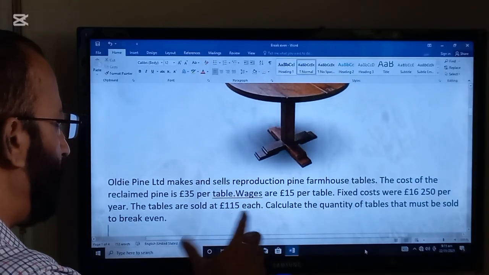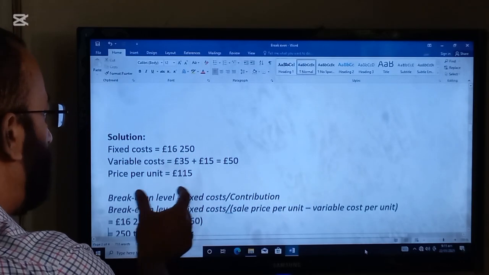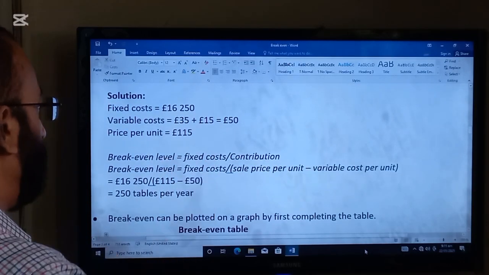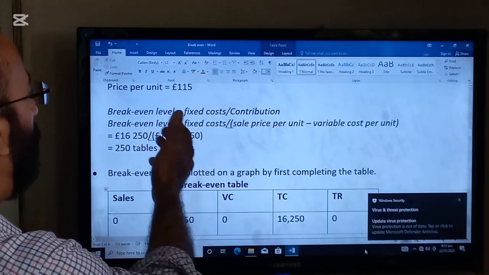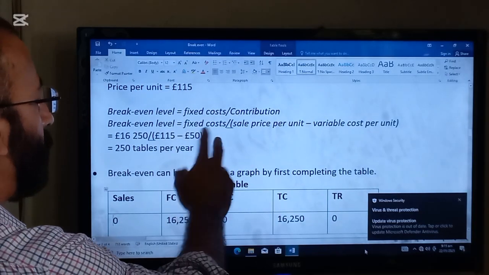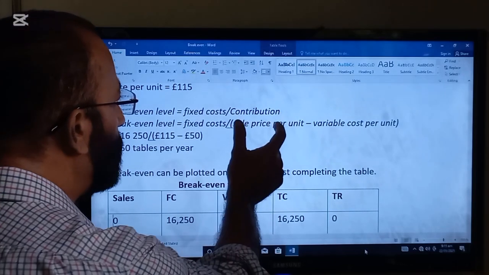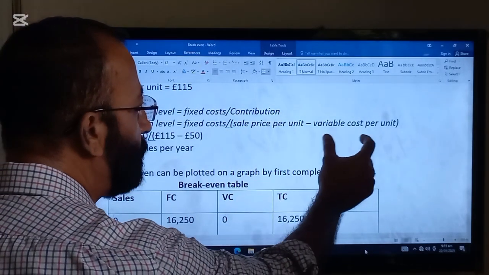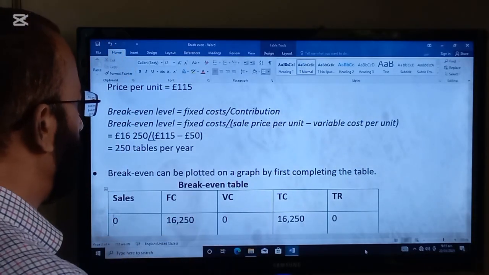So £50 per table is the variable cost, and the sale price per table is 115. Now we put in the break-even formula, that is fixed cost over contribution. The contribution formula is sale price per unit minus variable cost per unit. Fixed cost will remain as it is.